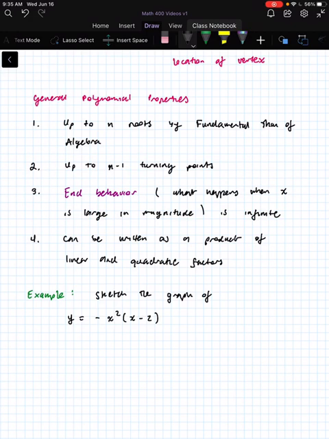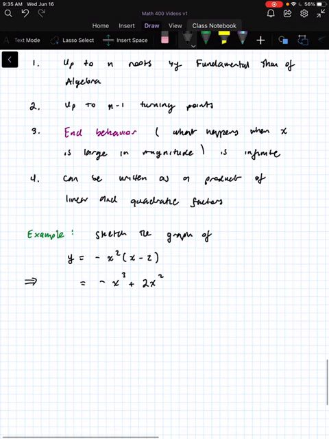Okay, so we know that this is a polynomial function because it's a product of linear and quadratic factors. We can write it out more easily if we distribute that x squared: we have negative x cubed plus 2x squared.